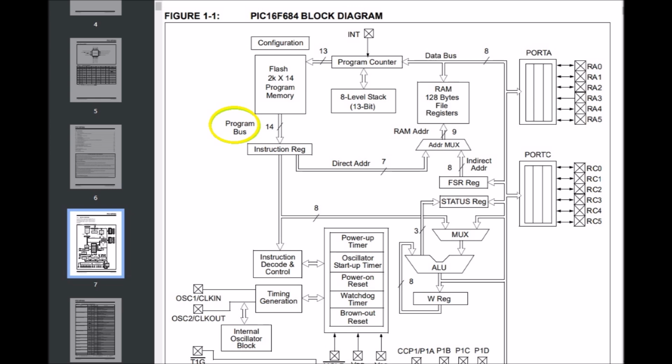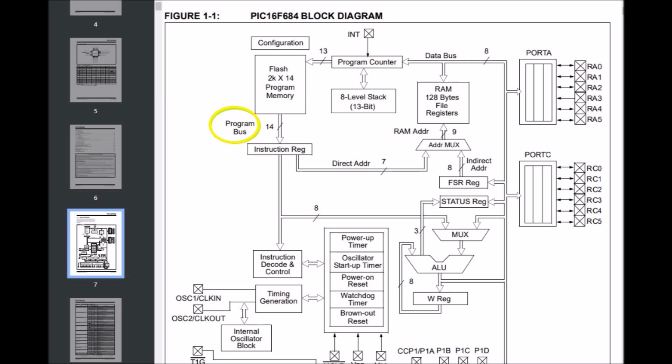Transfer of data. In addition to fetching instructions, the program bus may also be involved in transferring data that is part of the program instructions, such as immediate values or addresses for branching operations.